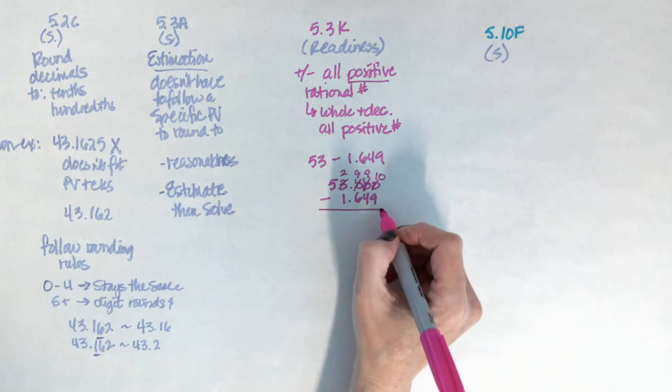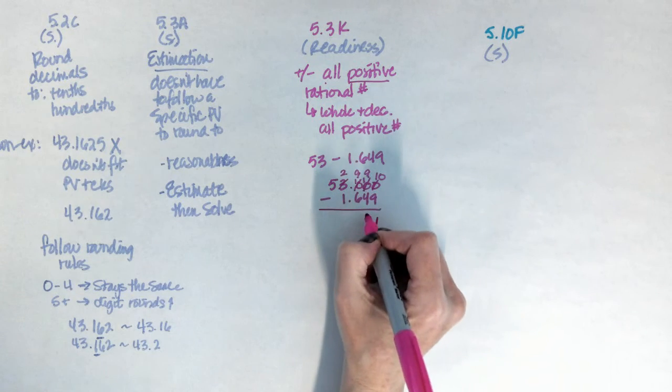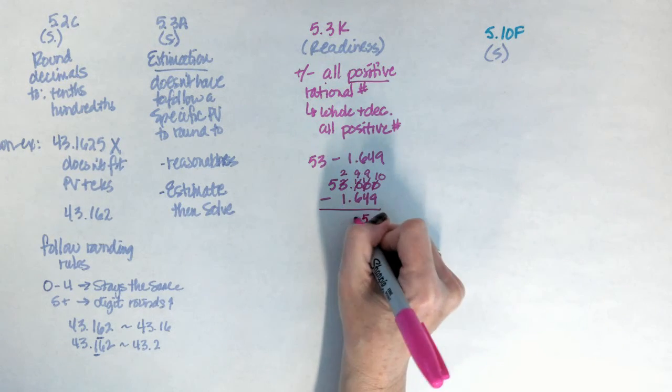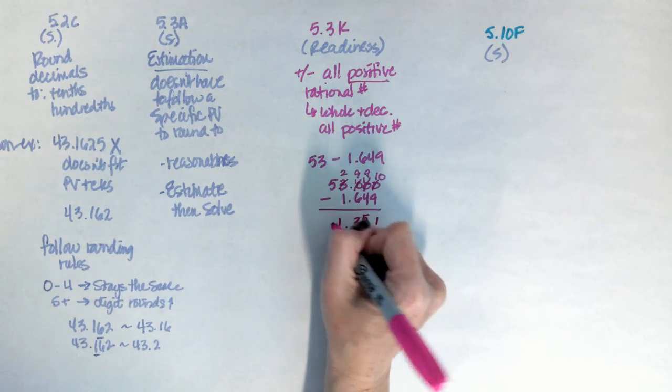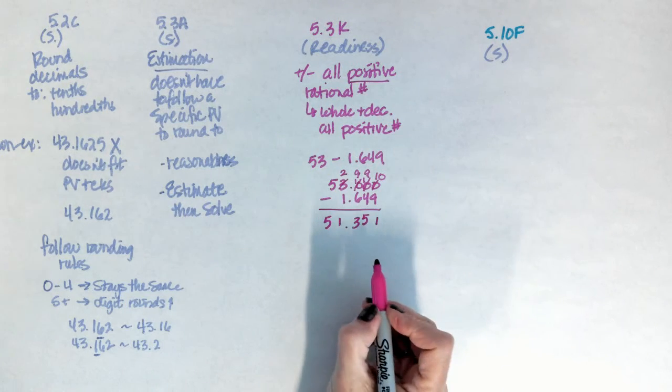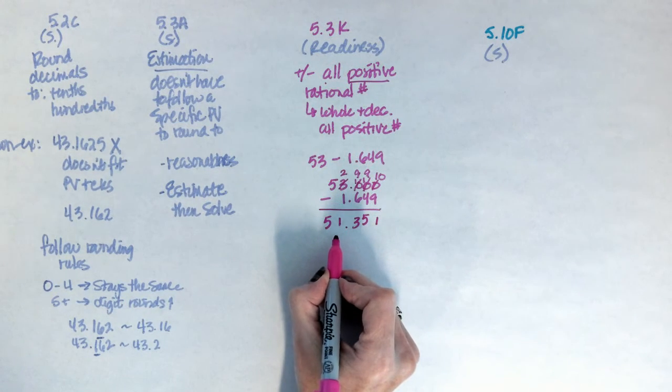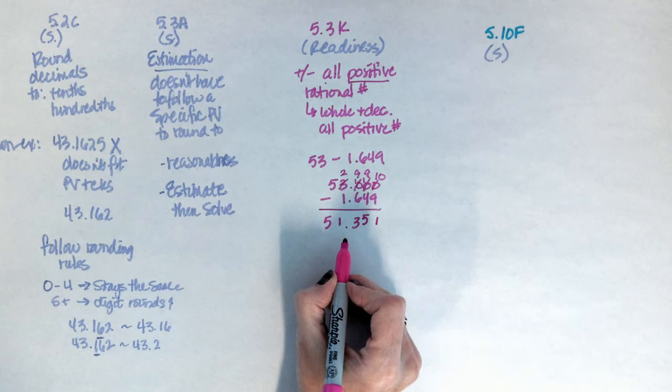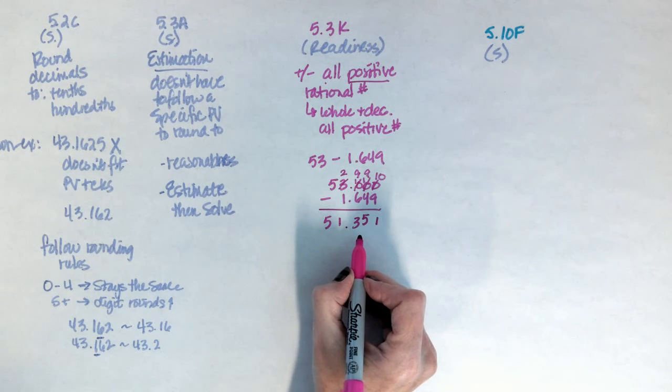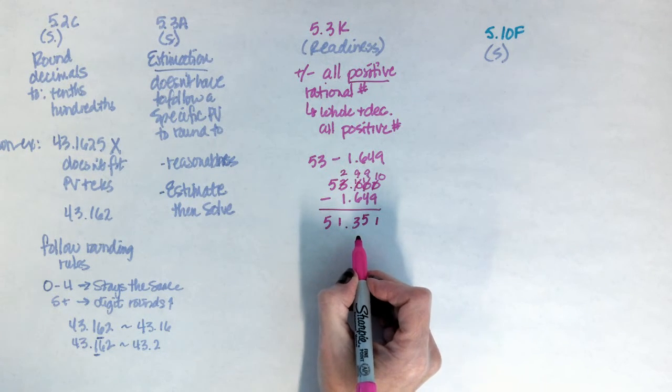Now I can subtract 10 minus 9, 9 minus 4, 9 minus 6, 2 minus 1. Look at that. We expected our number to be a little more than 51. Is this a little more than 51? Yes, it is.